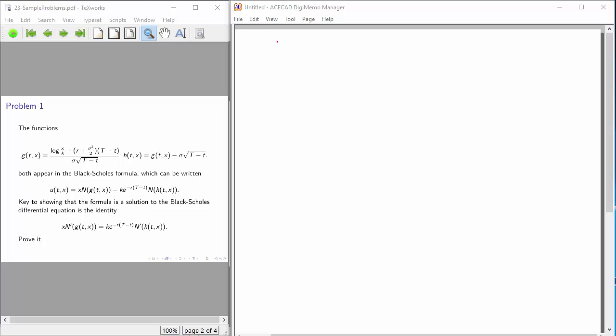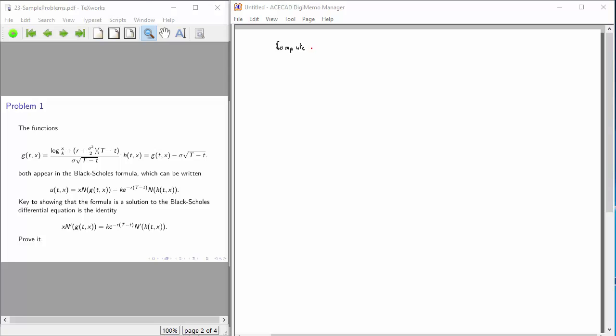And what I need to do is to compute the derivative of the quantity that appears in the first of the two terms into which I split the Black-Scholes equation.